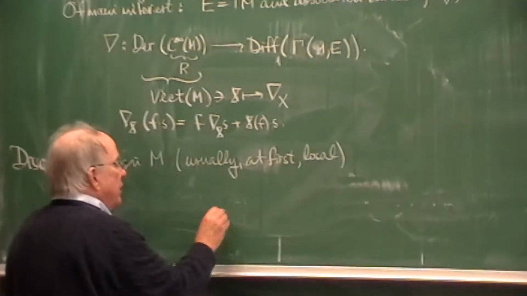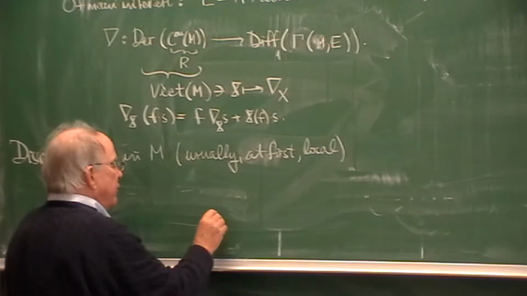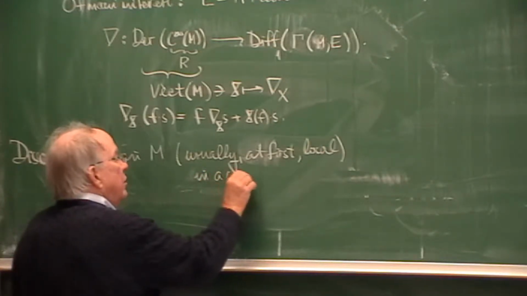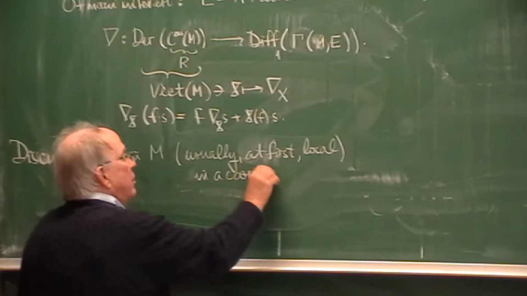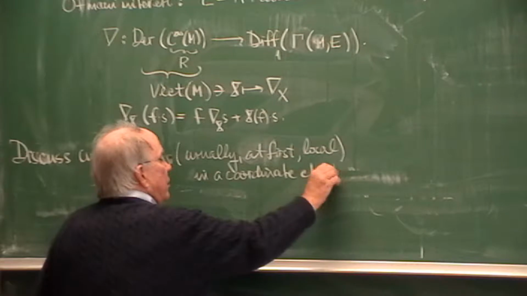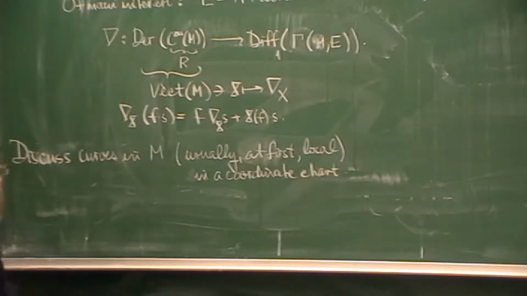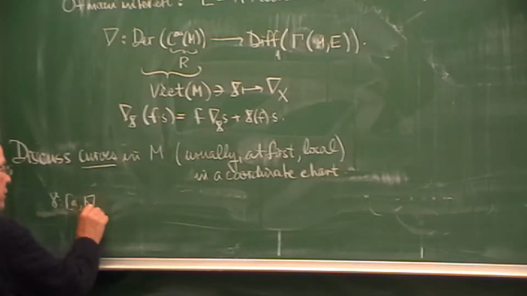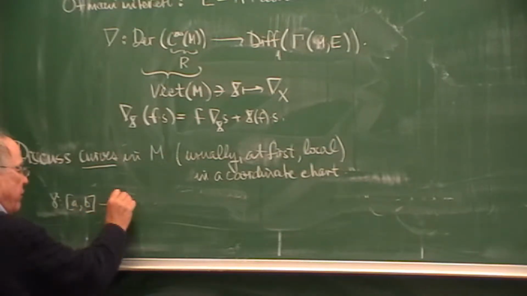So we don't worry about global phenomena at first, in a coordinate chart. And I denote a curve by a mapping from a closed interval, but defined in the neighborhood of the closed interval, into the manifold.